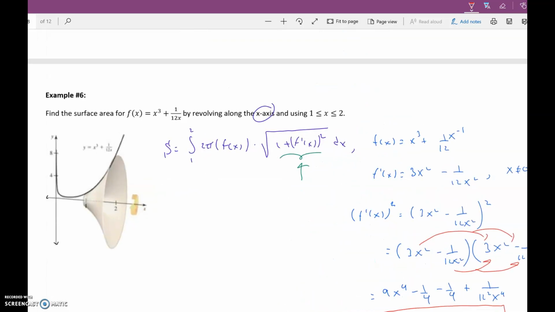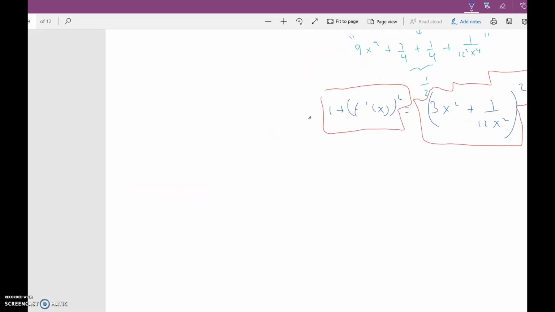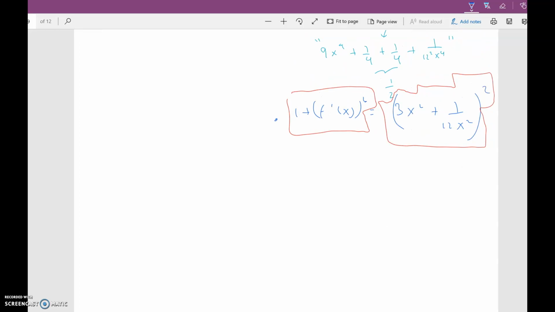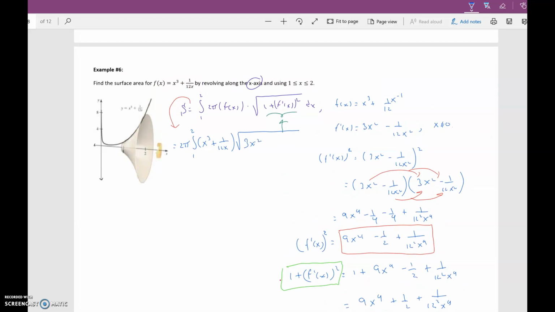Going back to the formula, this is equal to 2 pi integral from 1 to 2 of your function, x to the third plus 1 over 12x, times the square root, and then we ended up with 3x squared plus 1 over 12x squared, technically squared, dx.